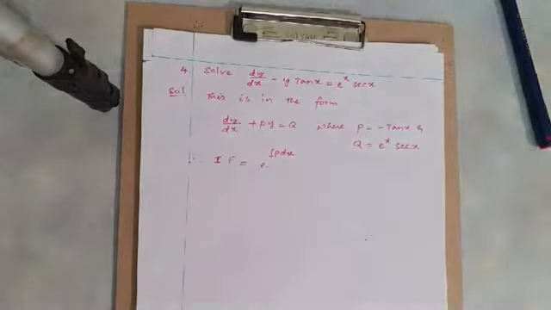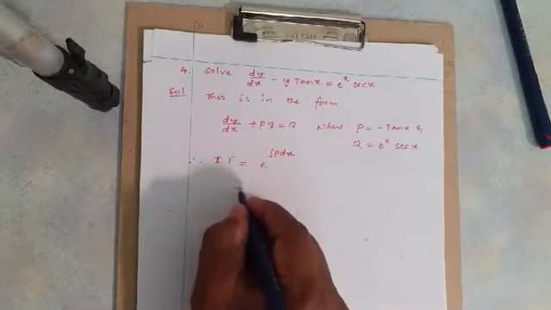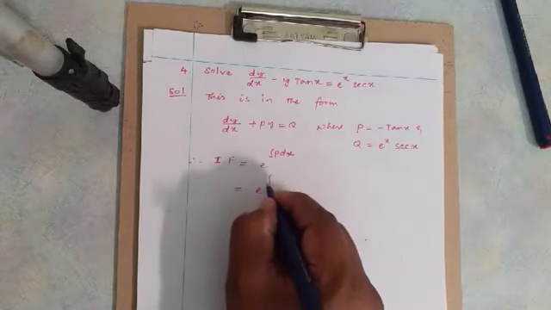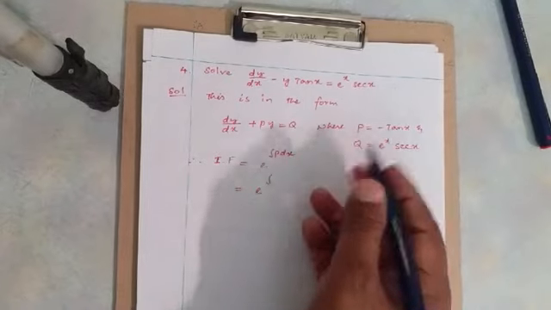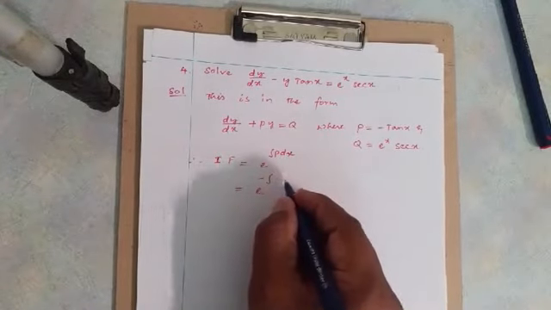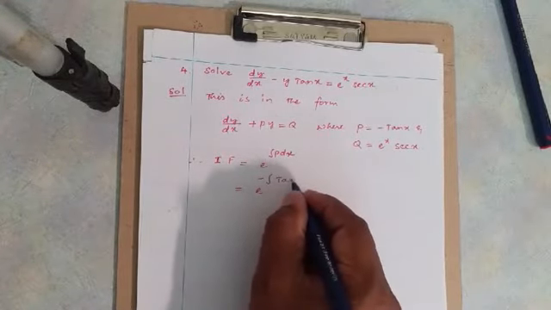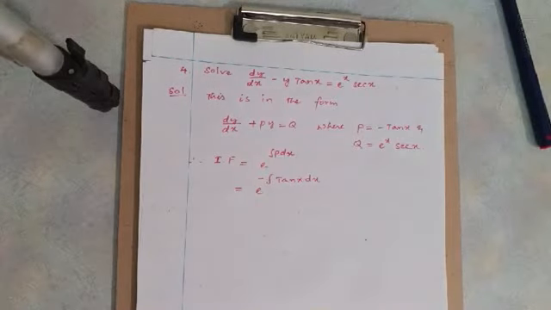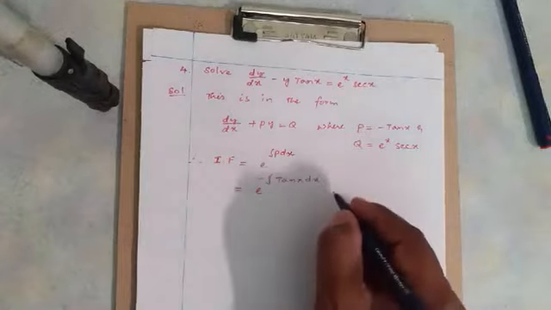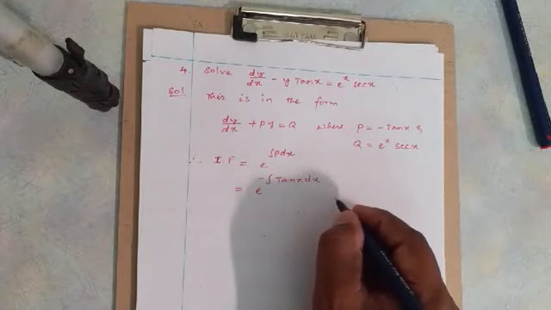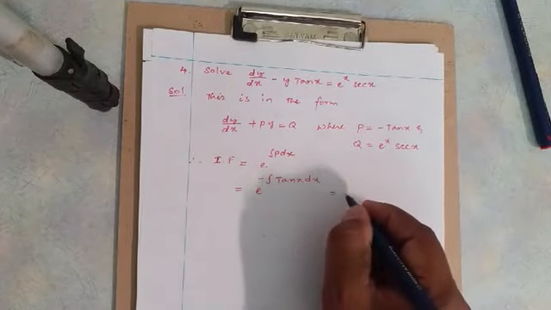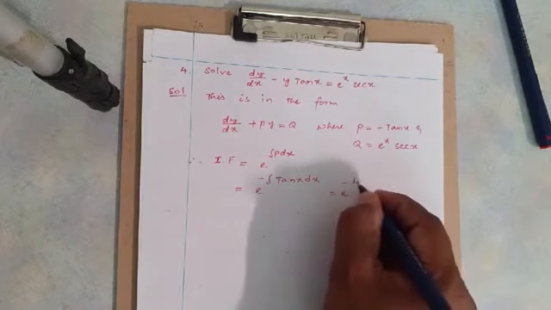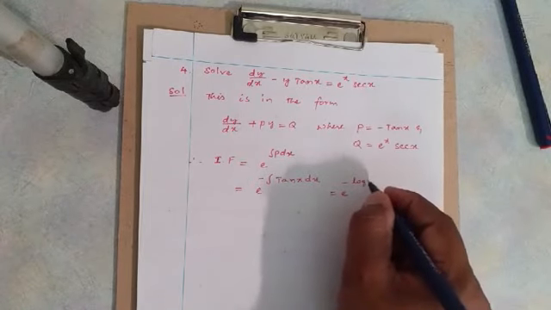Okay, now when you write e power integral, in the place of p we have minus tan x, so I write minus outside and then we write tan x dx. As you know, e power integral tan x dx is equal to e power minus log secant x.